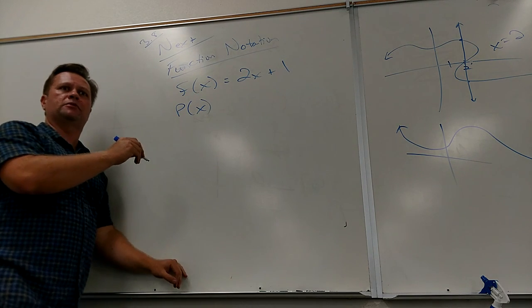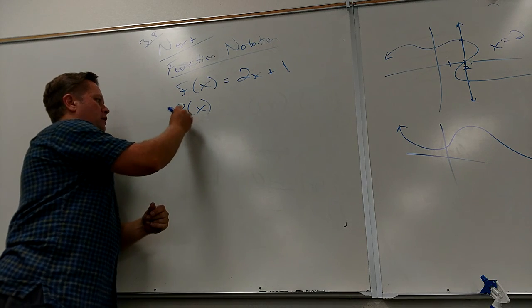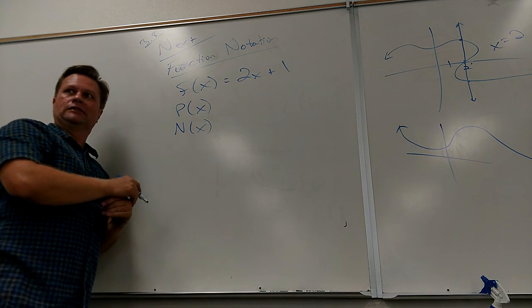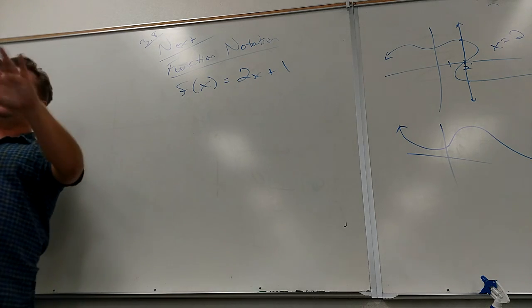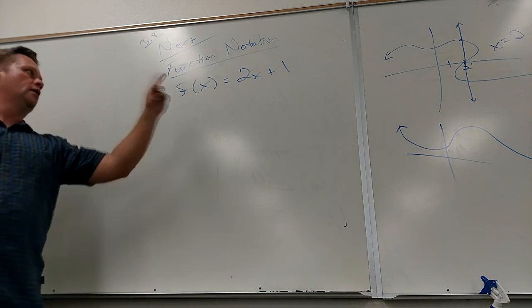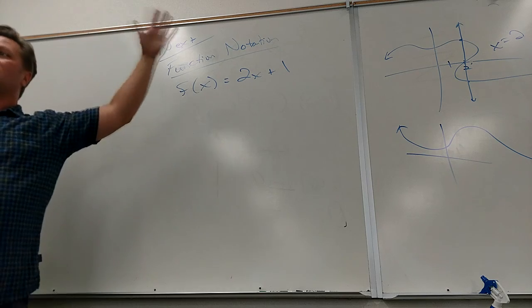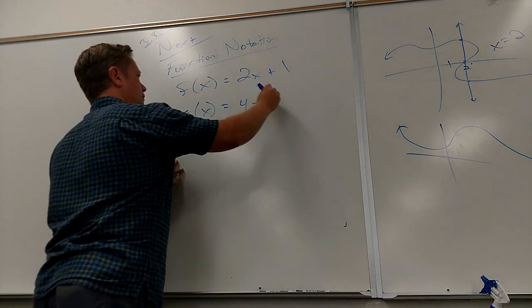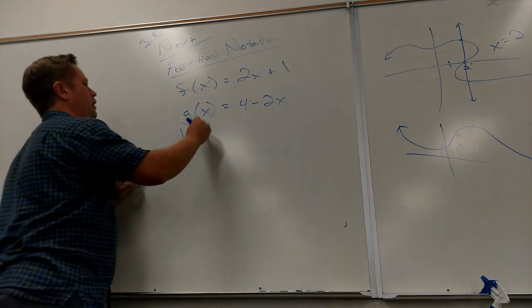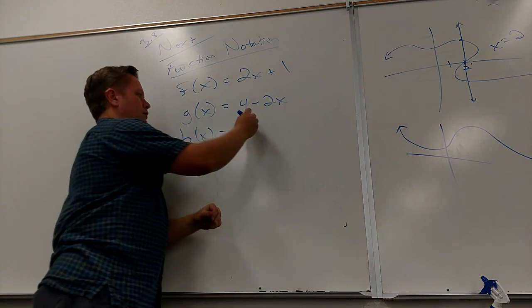If I have a function that represents the number of people that attend my concert, N function, and so forth. So we can go beyond just F. But F is for when it has no real physical meaning yet. I'm just playing with it. I call it F. And if I have another function laying around, I call it G. If I have another function laying around, I call it h. It's crazy.